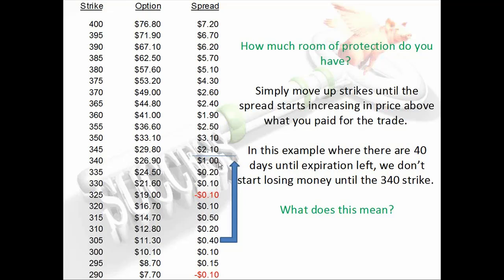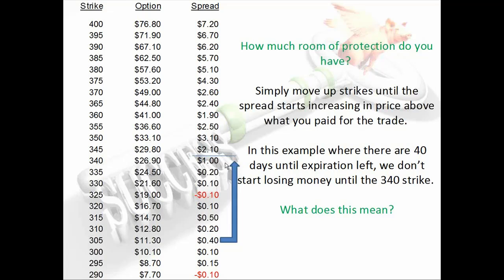But what we do see is at the 340 strike, the spread goes to $1, and the next strikes higher are 2.10, then 3.10, then 2.50, and then 1.90, and 2.40, 2.60, and so on. So we don't get the reverberation where it goes back down to a profit area again if it moves another strike. In other words, in this example, where there are 40 days left until expiration, we don't start losing money until the 340 strike.